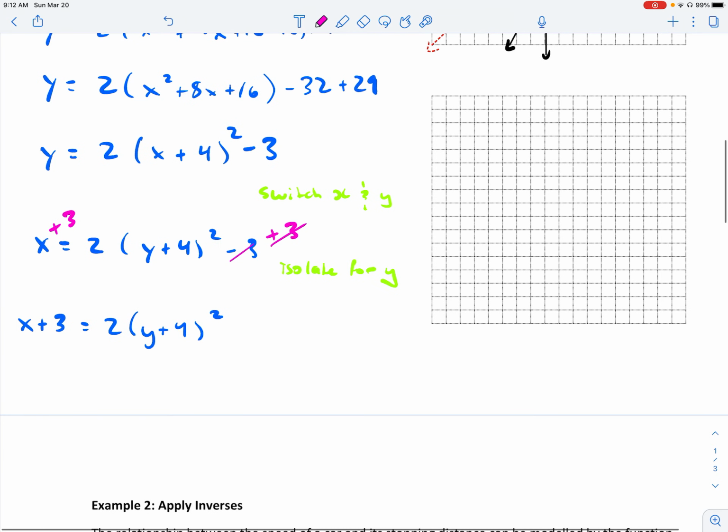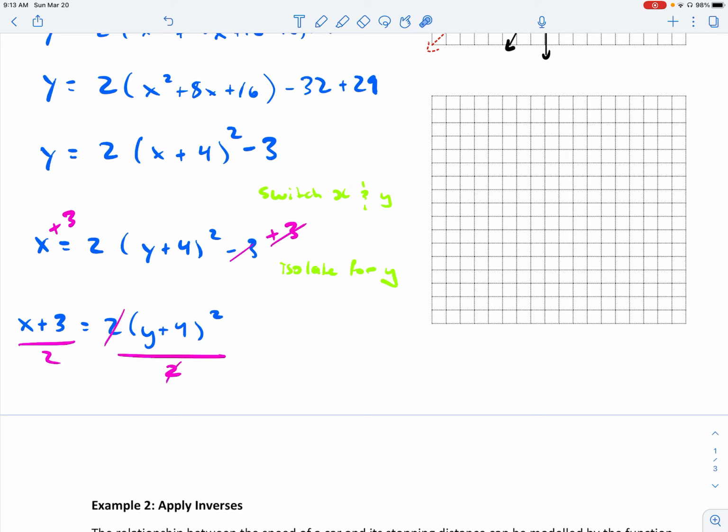Okay, what should I do next? You say, Mr. A, why don't we square root both sides, get rid of the square? Well, if I square root this whole side, now I'm square rooting the 2, and I don't really want to do that. I probably want to get rid of the 2 first. So we can go ahead and divide both sides by 2. That cancels with this.